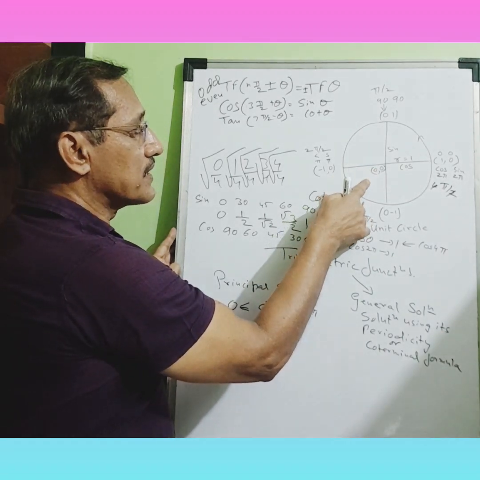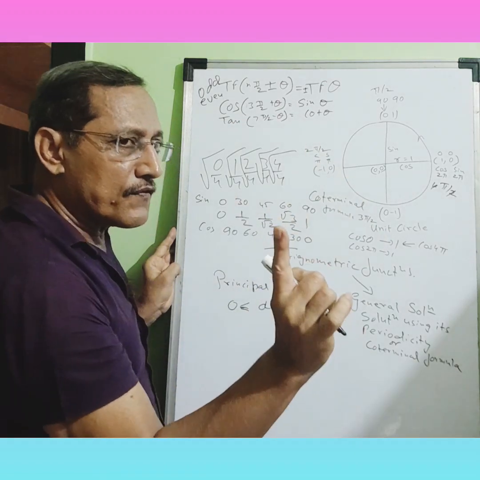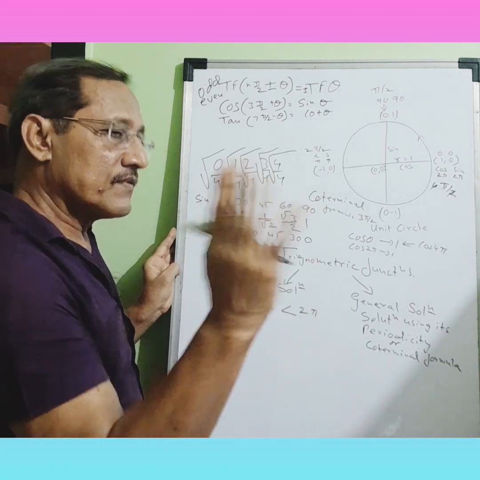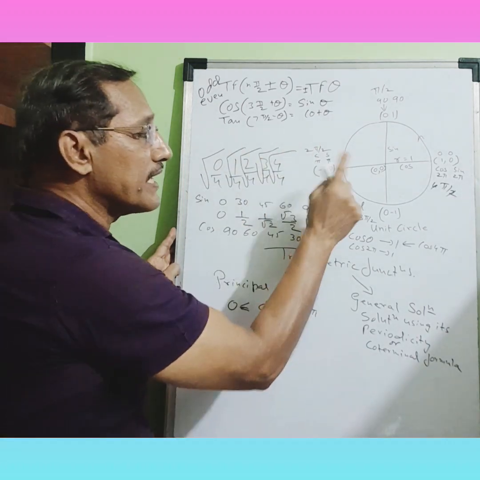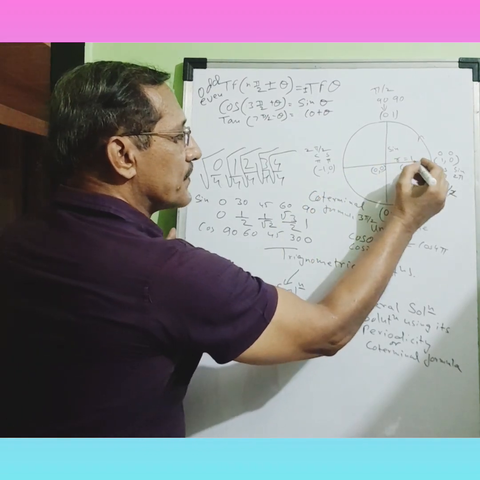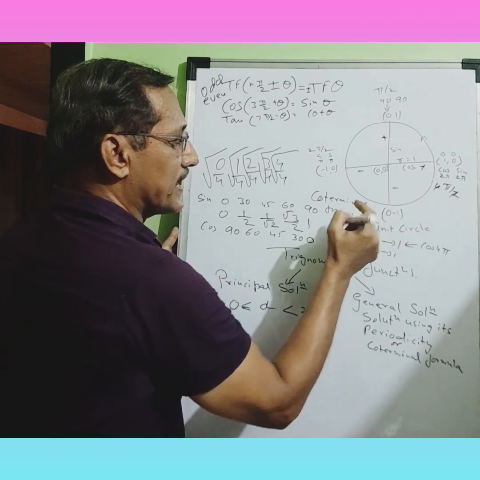When it comes in the 3rd quadrant, mind you, for any one of the trigonometric functions, if one is negative, it would be negative. But if both are negative, then it would be positive. So here we know this is positive, this is negative, here it is positive, here it is negative.